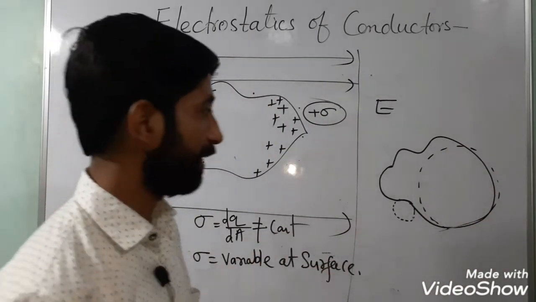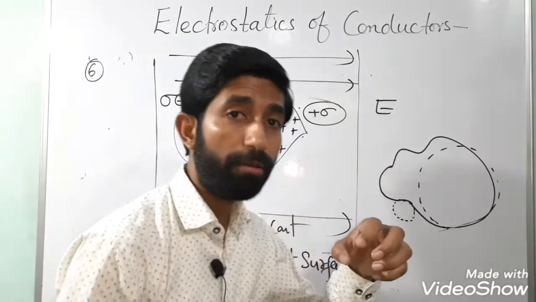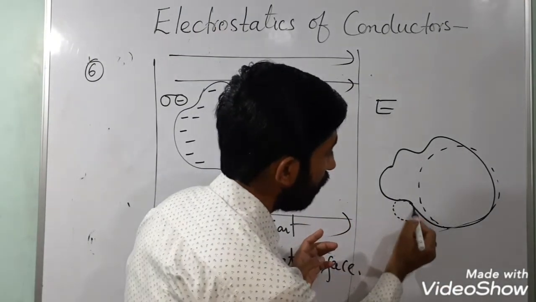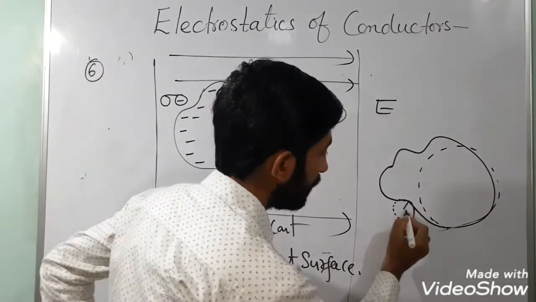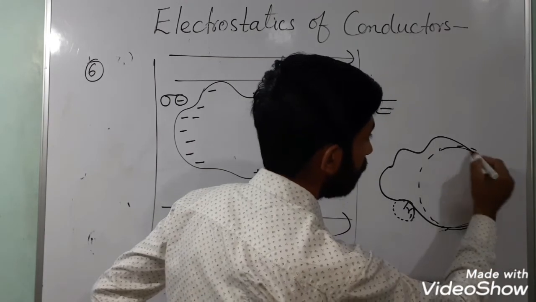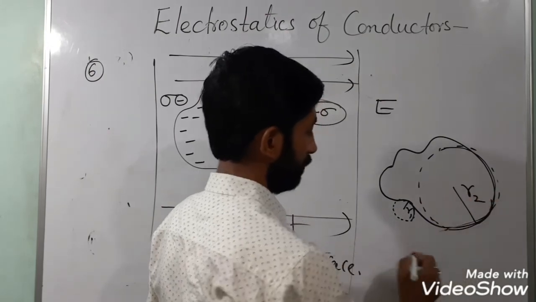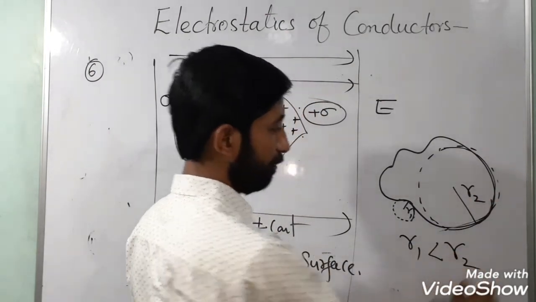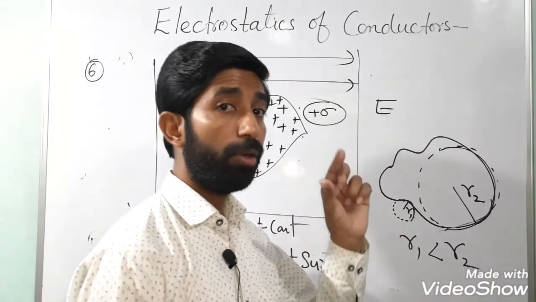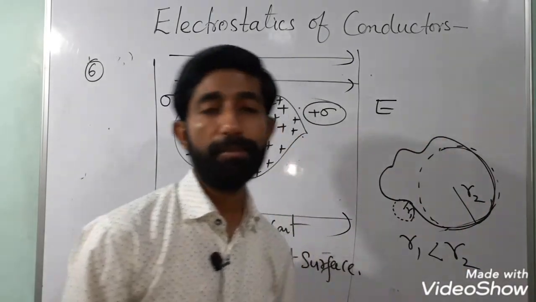You must be getting what I mean, because this highly curved place has been taken from a small ball of radius say r1, and this segment of the body has been taken from another bigger ball of radius say r2, and r1 is less than r2. It means this region has low radius of curvature and this region has high radius of curvature.